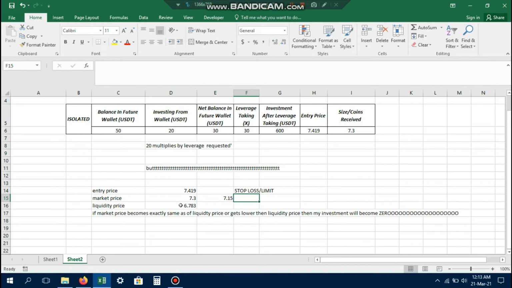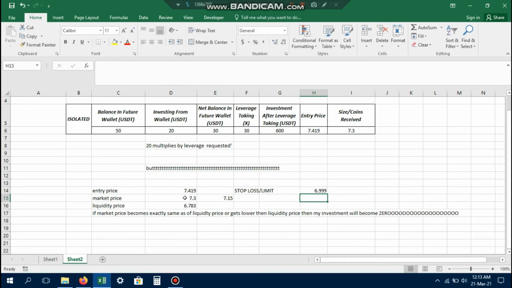So you are seeing that your market price is decreasing gradually and it's coming near to liquidity. Then you can put the stop limit, means you set the price that at this price the trade should be ended and whatever I'll be having, I'll come out from the trade.